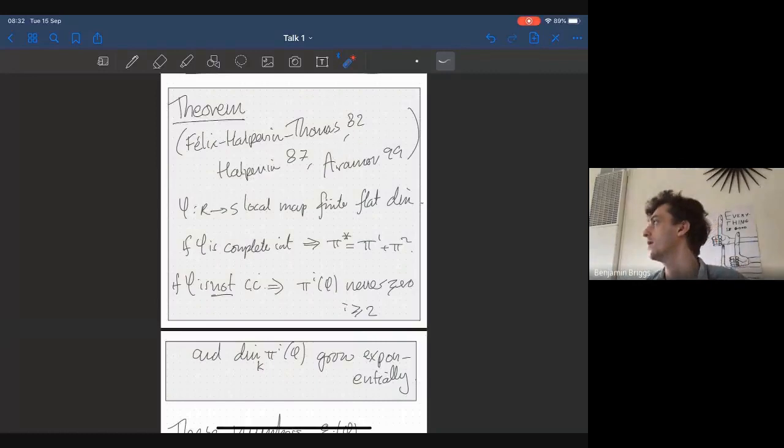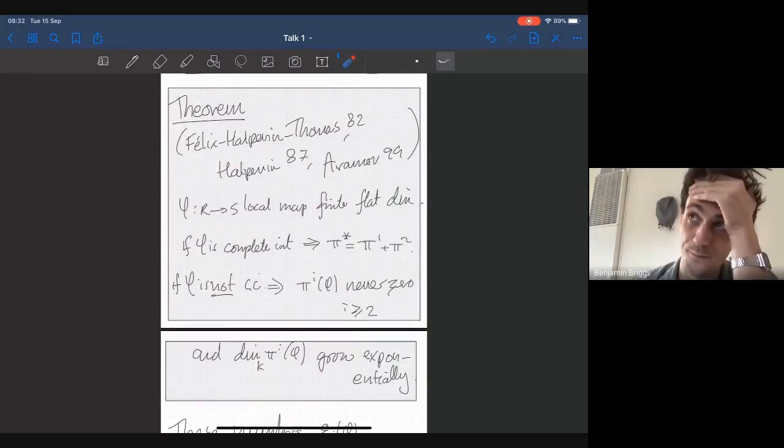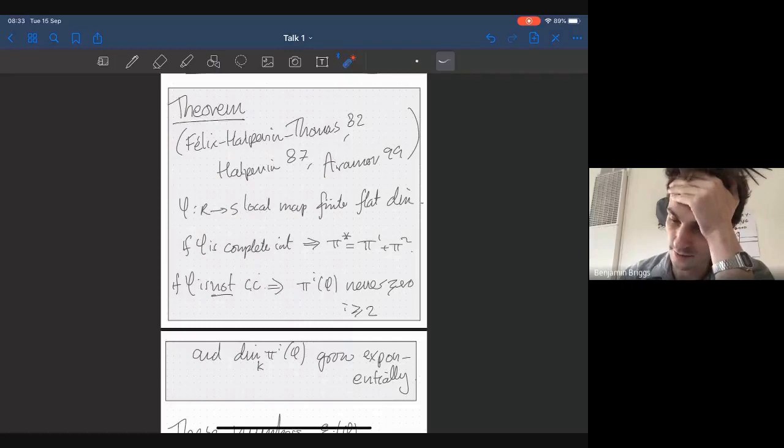Oh, that's very interesting. So these methods will not apply directly to that, but that's worth thinking about, because I to the n mod I to the n plus 1. One way to think about what's going on here is there's a connection between the cotangent complex and I mod I squared.